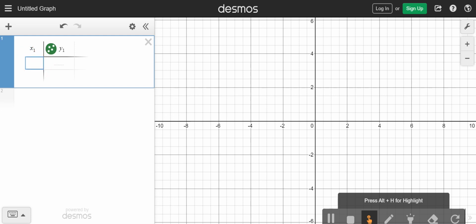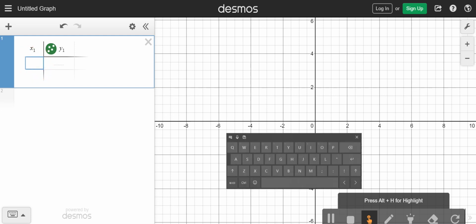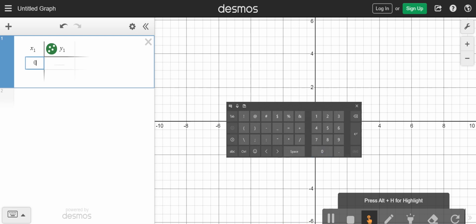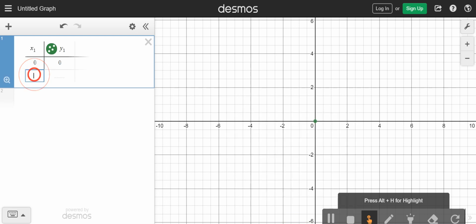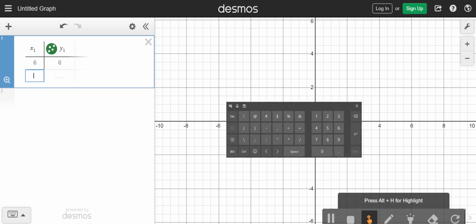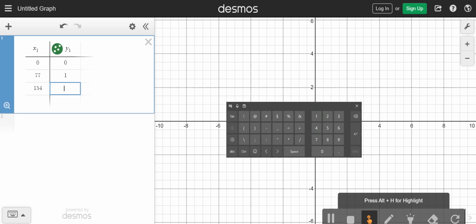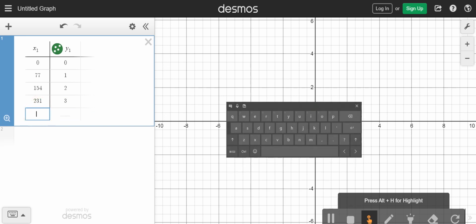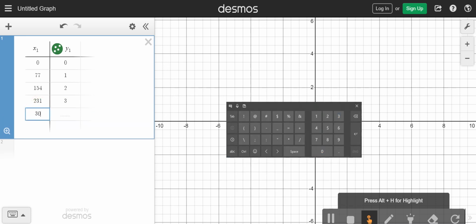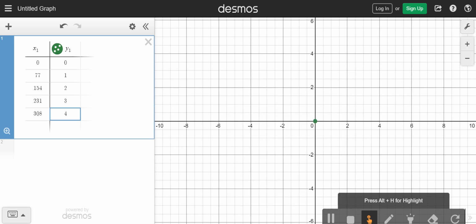And then we're going to start typing in our points. 0, 0, 77 and 1, 154 and 2, 231 and 3. And we're going to stop right there for now.